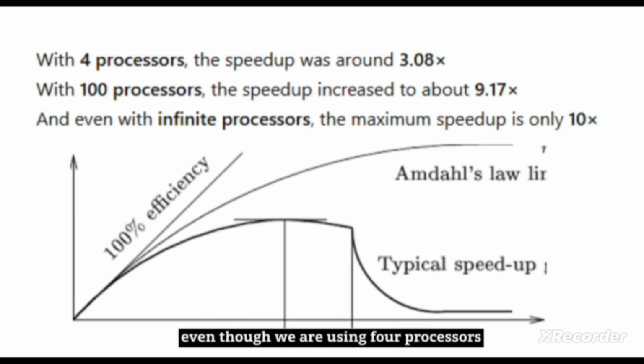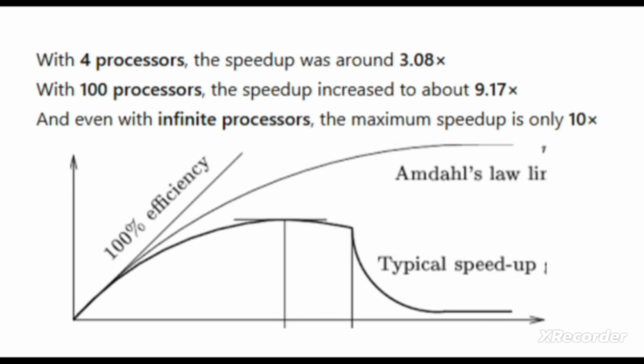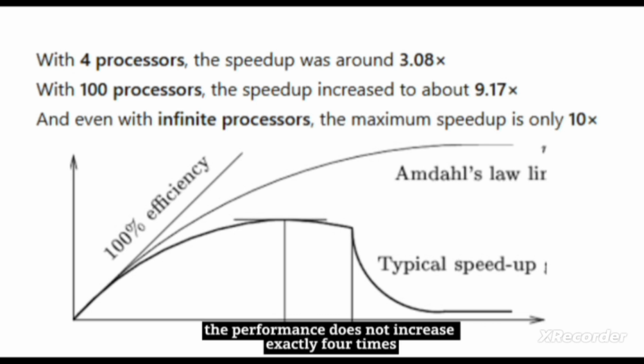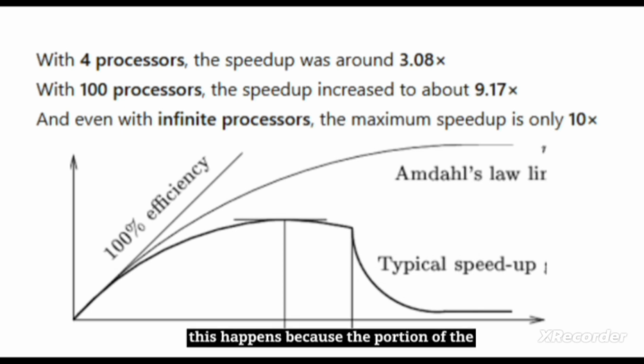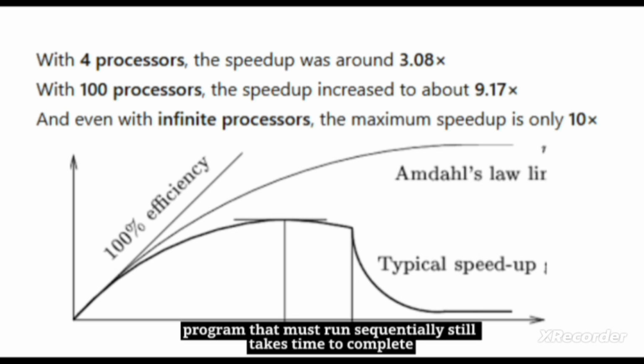Even though we are using 4 processors, the performance does not increase exactly 4 times. This happens because the portion of the program that must run sequentially still takes time to complete, and the processors cannot help speed up that part.